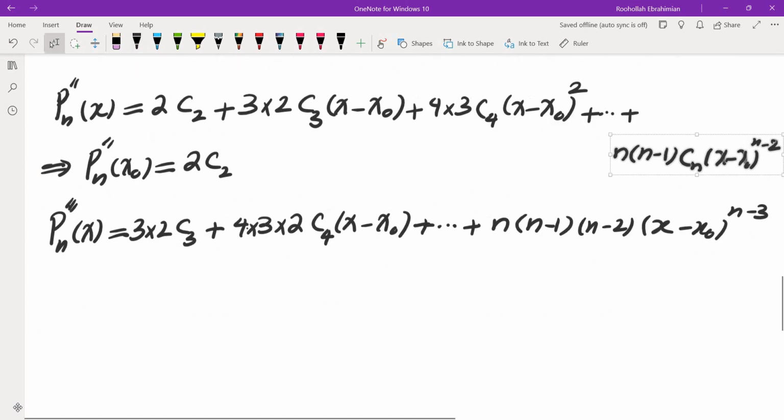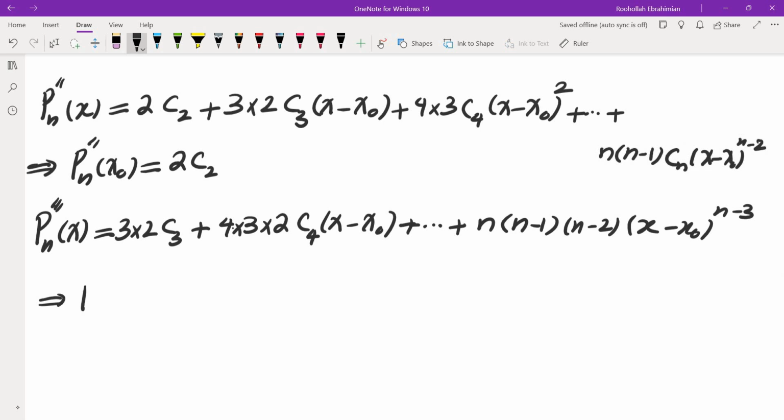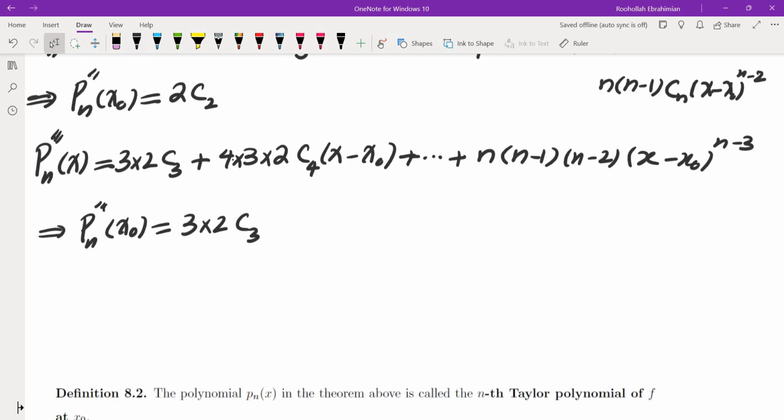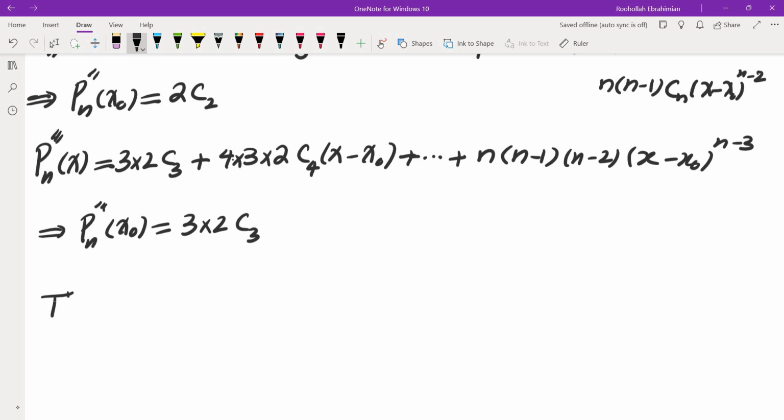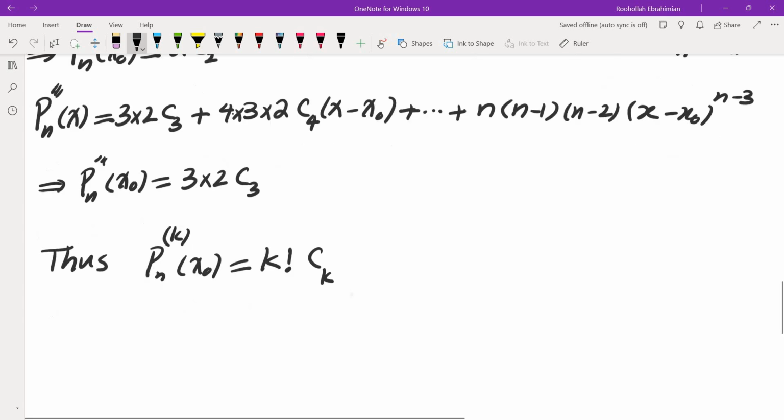And if I plug in x0 in there, Pn triple prime of x0 becomes 3 times 2c3. And you can see the pattern here. So that means Pn^(k) of x0 is equal to k factorial times c_k.